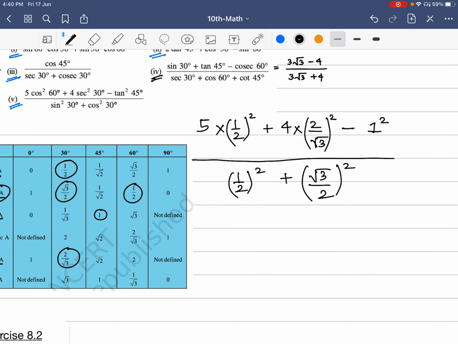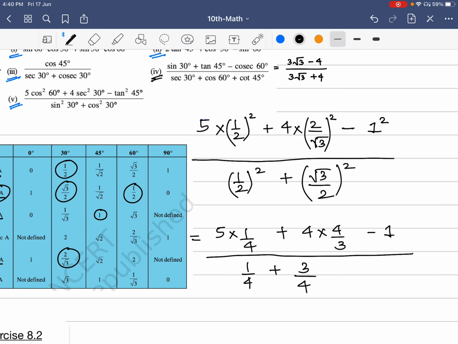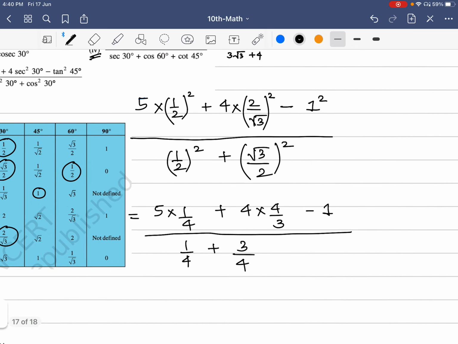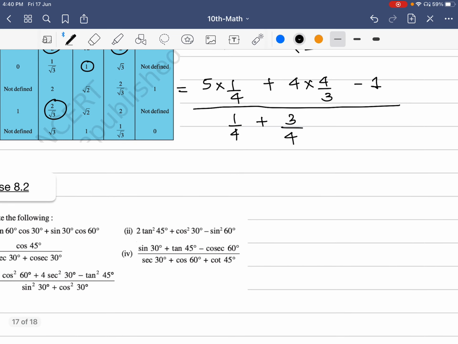So that is equal to 5 into 1 by 4 plus 4 into 4 by 3 minus 1, and this whole thing divided by 1 by 4 plus 3 by 4. Now let's continue solving this.